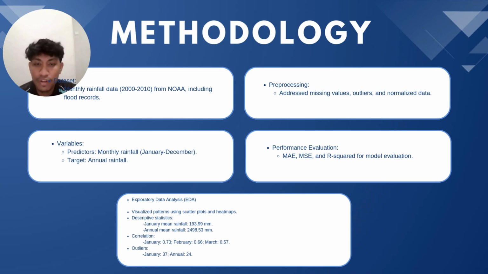January mean rainfall is 193.99 millimeter. Annual mean rainfall is 2498.53 millimeter. For correlation, January is 0.73, February 0.68, and March 0.757. And last is outliers. January has 37 and annual has 24.